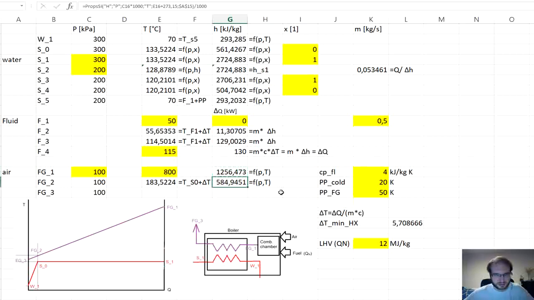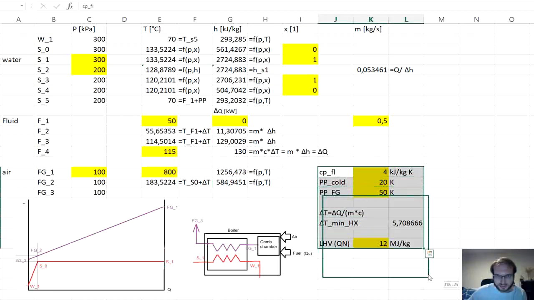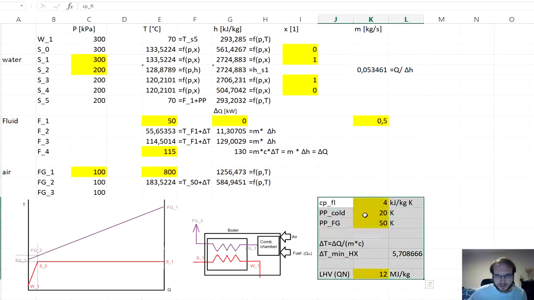So let's do it. Yeah, and let's move this over here because I will need space for the required mass flow rate of the flue gas.